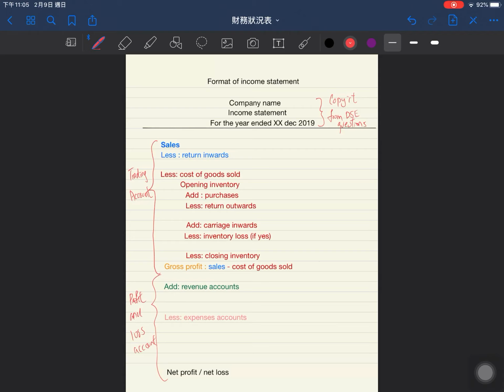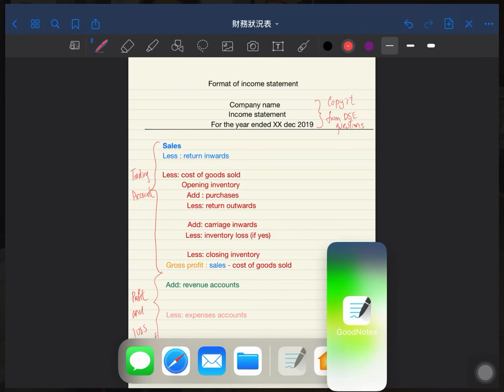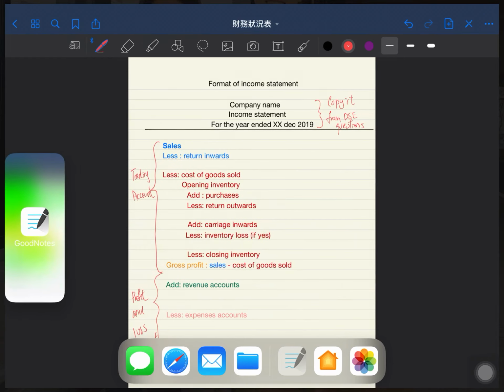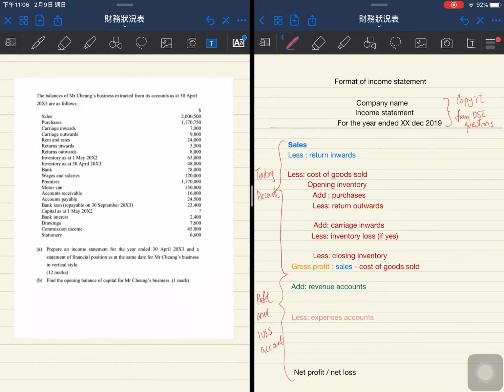So we can get the net profit from adding revenue accounts and less expense accounts. So let's see the question to show you how to do it.